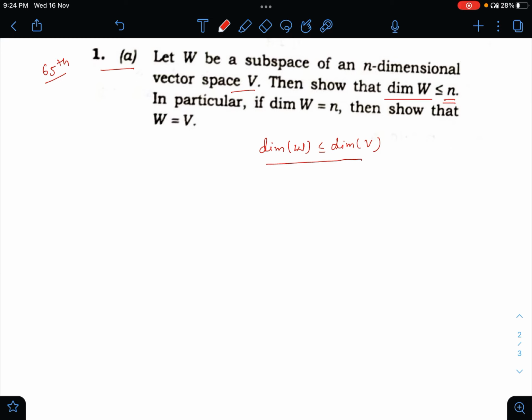The second part says that in particular, if dimension of W is equal to n, that means dimension of W is equal to dimension of V, then show that W is equal to V. So let us start the solution proof.